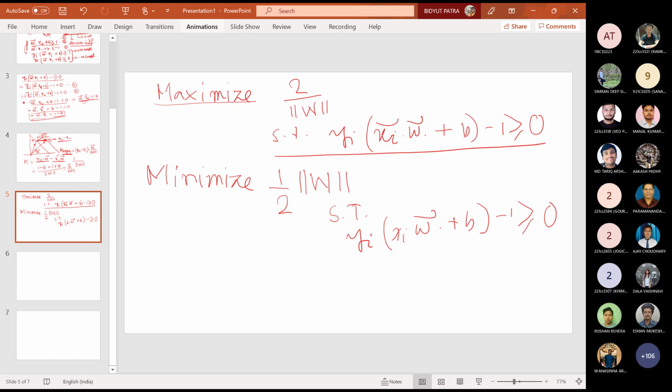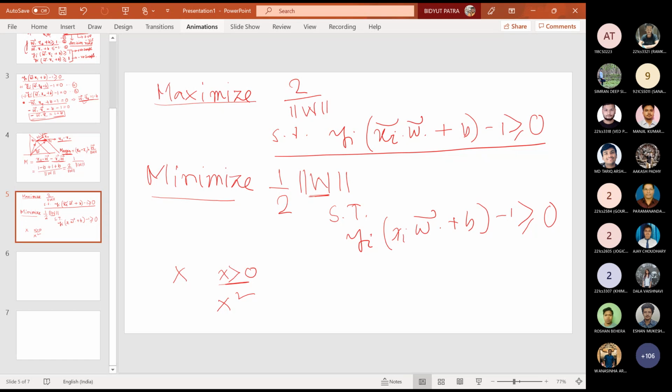Because this is a magnitude, a positive value, minimizing x where x is greater than 0, in general what is done is you put x square. So that will be more mathematically convenient to handle this entire thing.